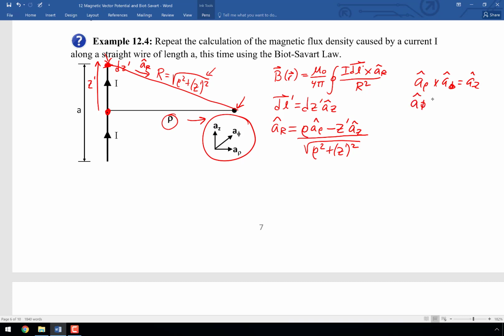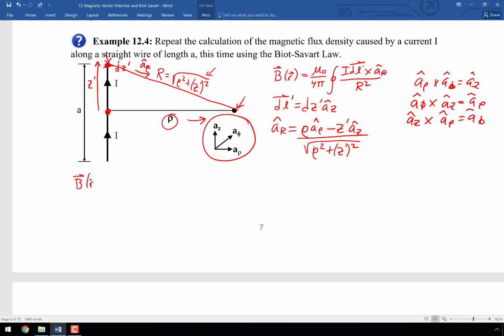A sub phi crossed with a sub z is equal to a sub rho, and a sub z crossed with a sub rho is equal to a sub phi. And so all three of those can again be derived from the legend. Now you might say, why do you need to know that? Well, the next step is going to make that clear.